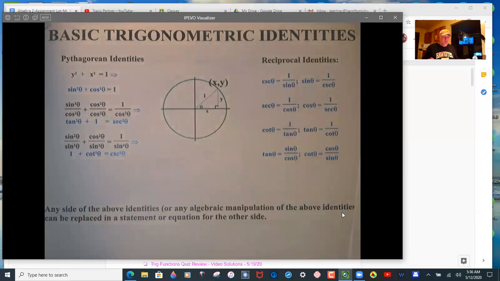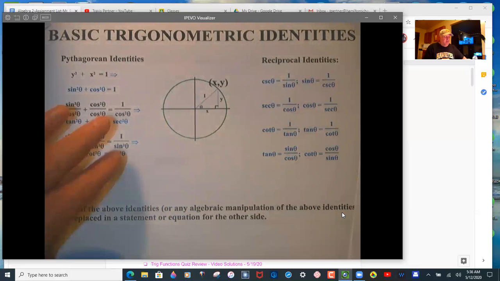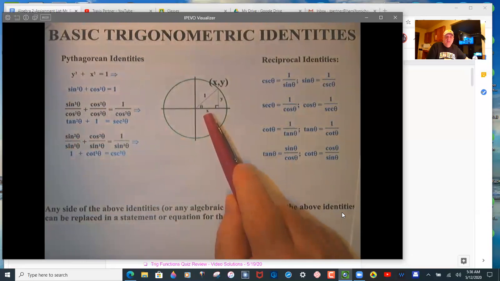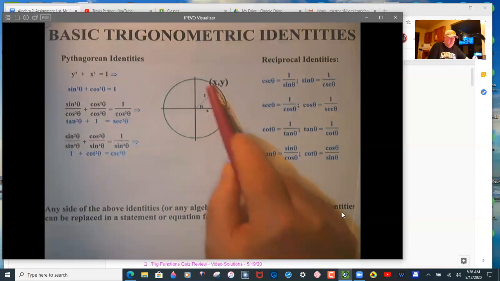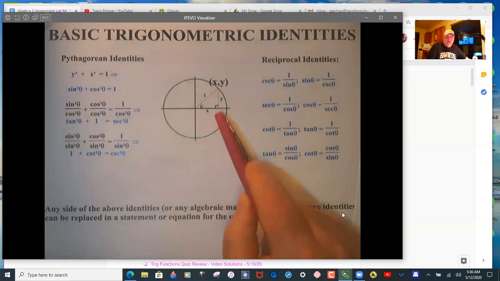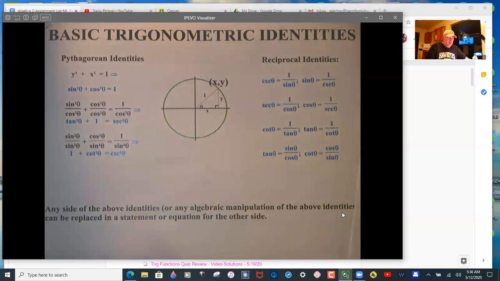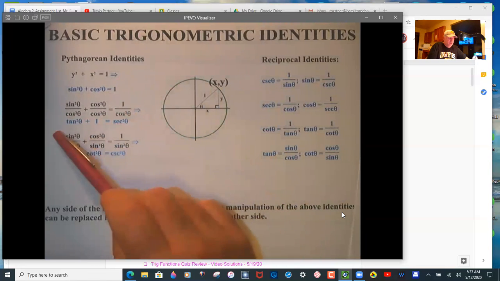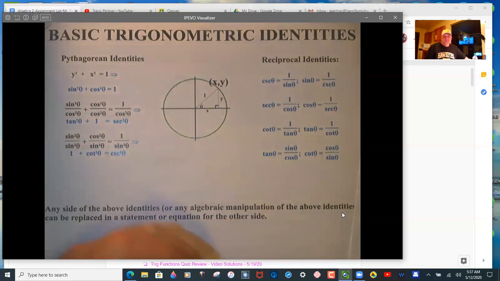So all of these, the reciprocal identities are sort of by definition, and then the Pythagorean identities are by the Pythagorean theorem that occurs in the right triangle that's part of the unit circle as you wind around on that unit circle. And so you can manipulate by dividing through to get 2 other ones.